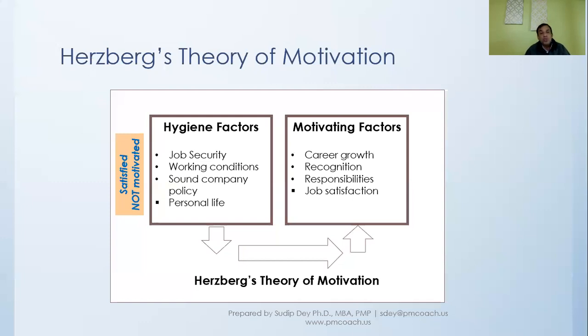So an award is not going to make any difference. When both hygiene factors and motivating factors have been given, that is when a team member feels satisfied and motivated. So that's the Herzberg theory of motivation.